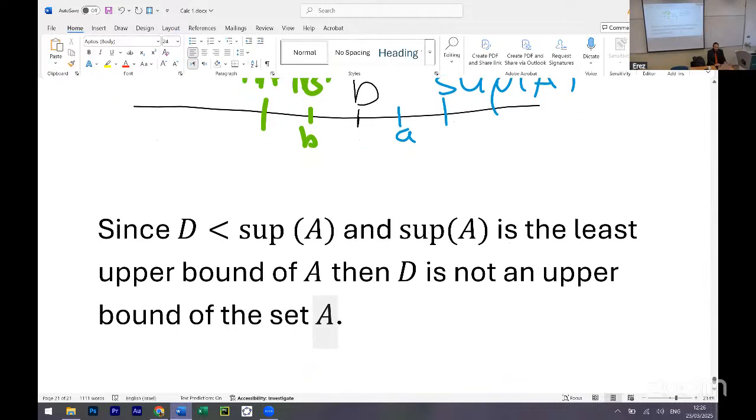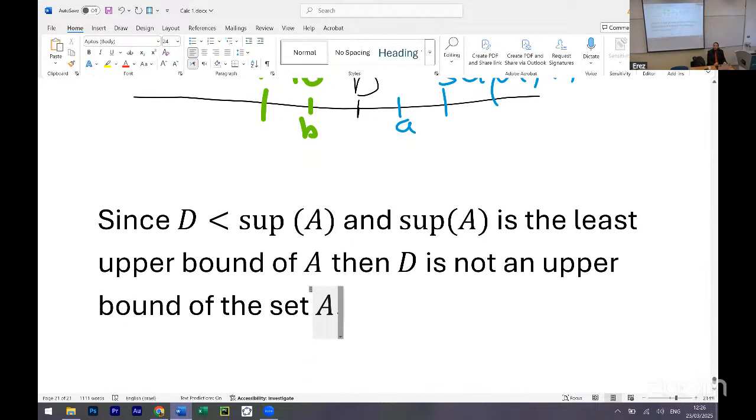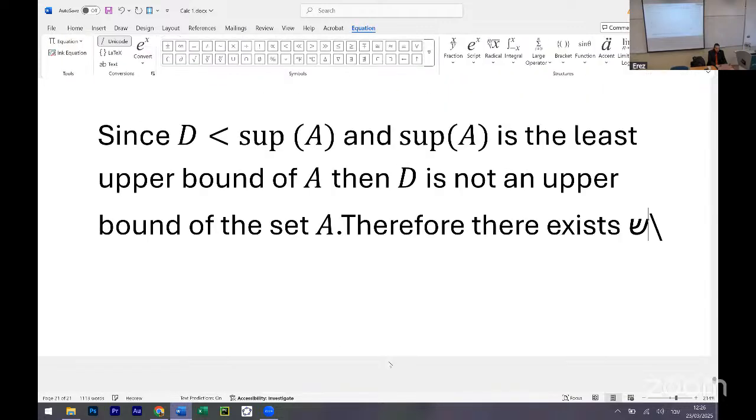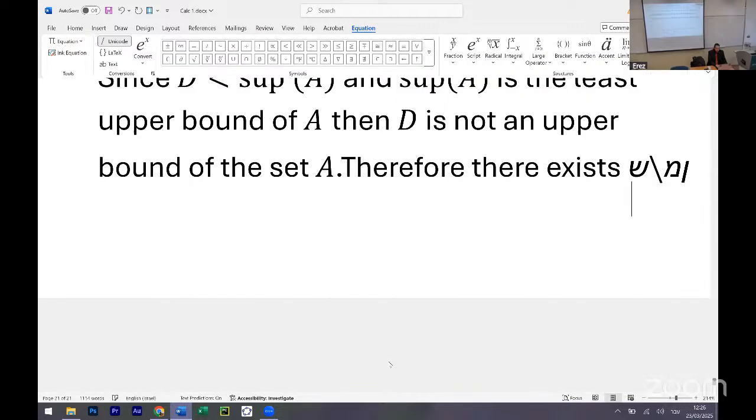And what does it mean that it is not an upper bound? Therefore, there exists a in A such that a is larger, it's not below, but it's above.